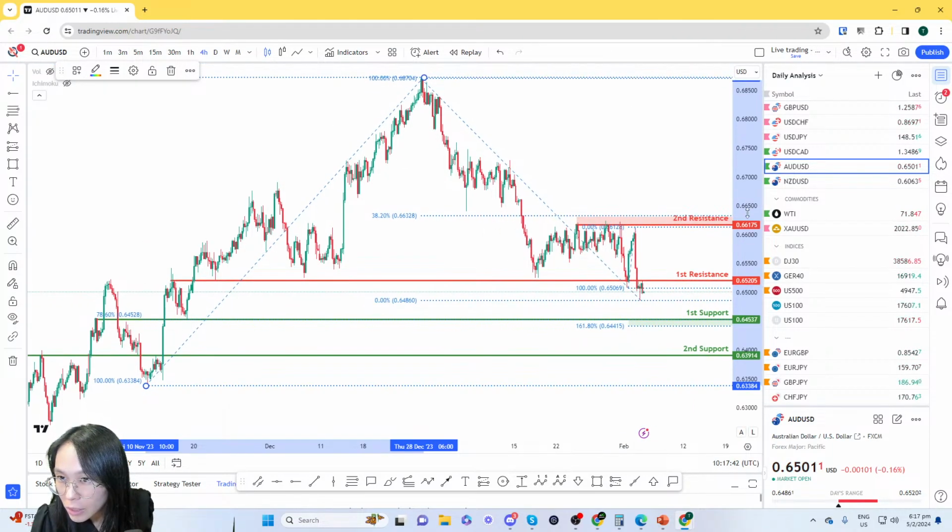So these are the key support and resistance levels for Aussie dollar on the H4 chart. Next up, a request from Ren, GBPUSD, pound dollar.